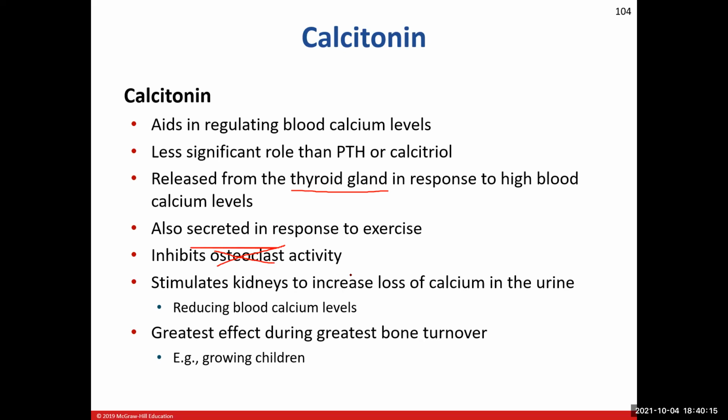Can we get rid of some? No problem. The kidneys are going to increase calcium in your urine. So now, instead of having very little to no calcium in the urine, as we saw with PTH and calcitriol, we're going to see high amounts of calcium in the urine because we're trying to filter it out of the blood so we can drop it down to normal levels.